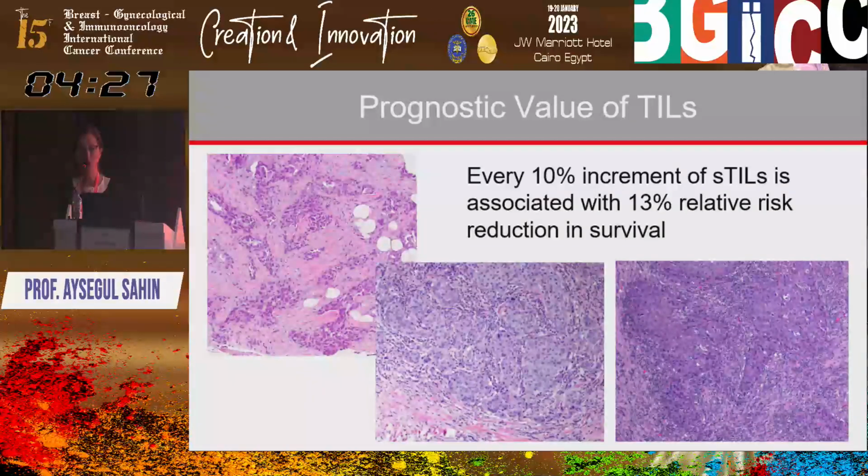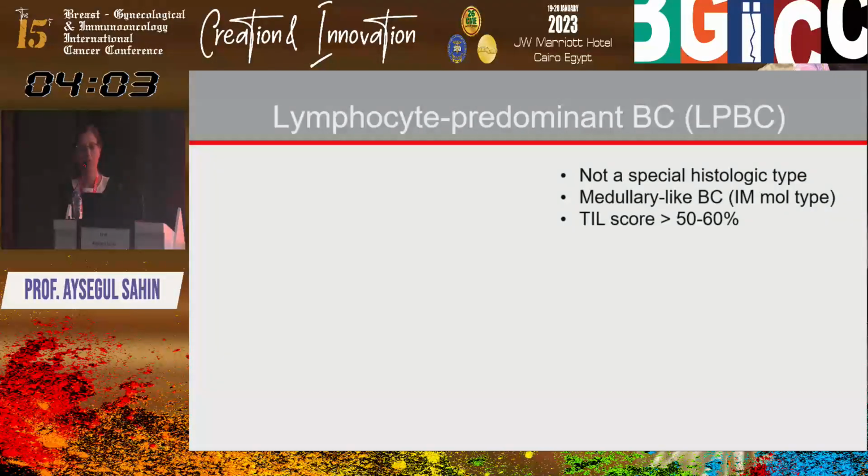But when you look at large studies and then when this is evaluated by a specific group of pathologists, it has been shown to be very prognostic, and every 10% increment of TILs is associated with at least 13% relative risk reduction in survival. So it is really important.